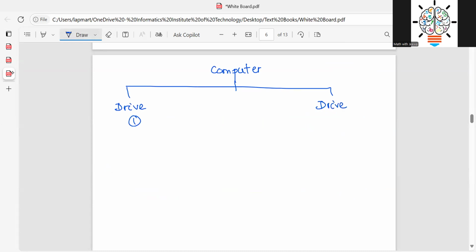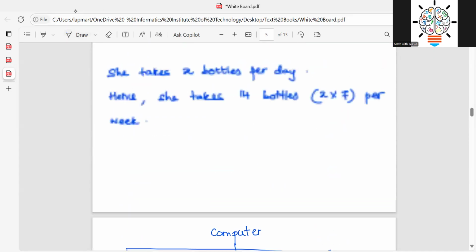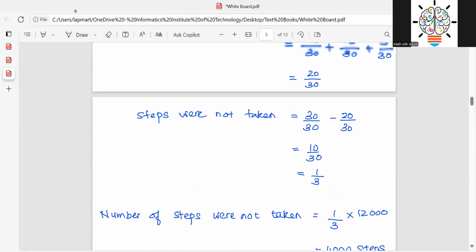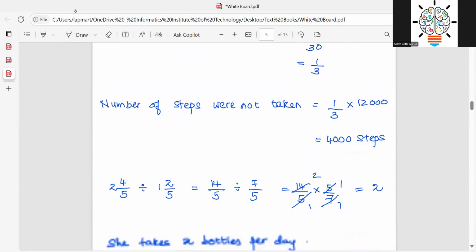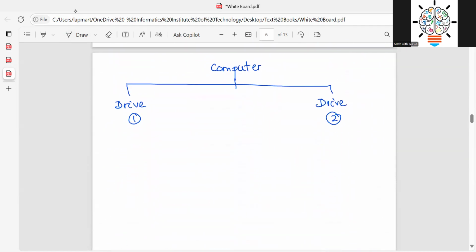While reading that, I'm just making a sketch like this. While reading the question, you can have a sketch like this, or you can draw something, or you can list down what they have mentioned.